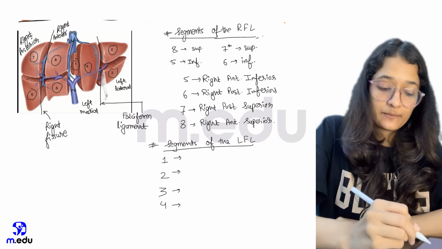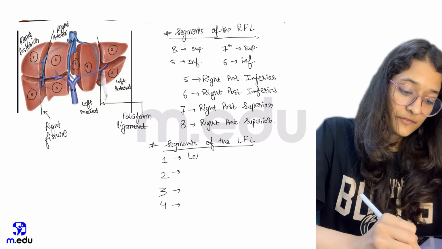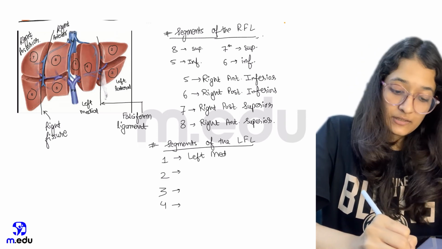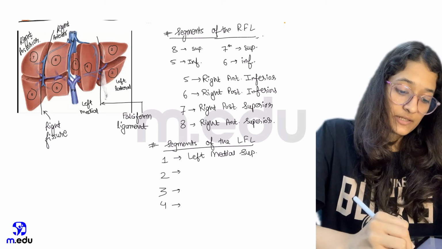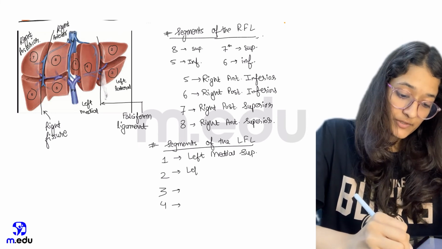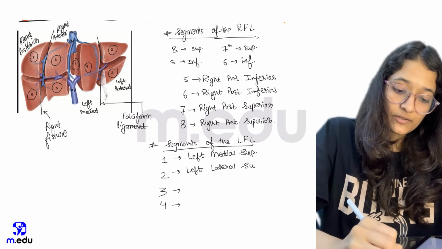Now let's quickly name them. The first one will be called the left medial superior. The second one is left lateral superior.